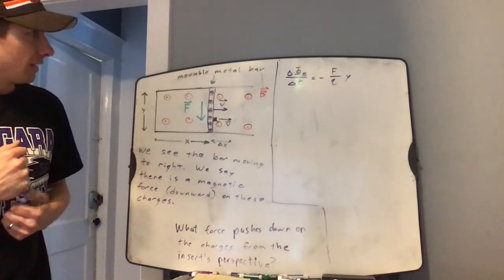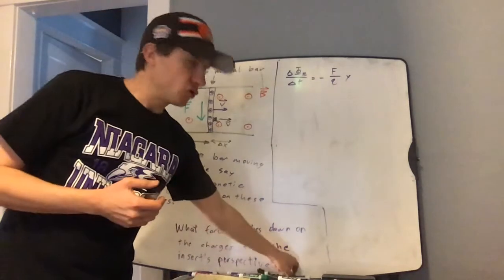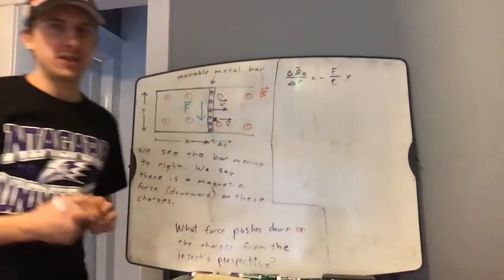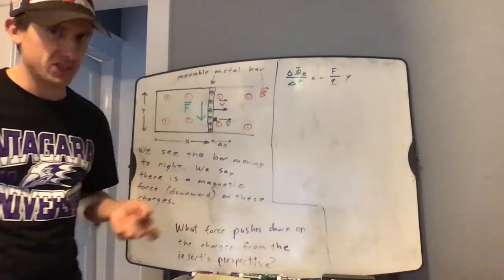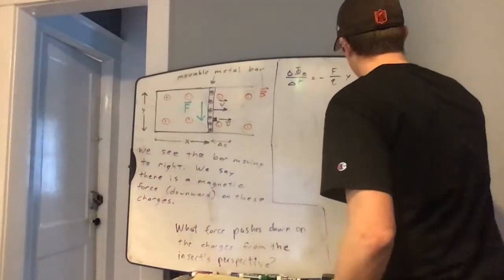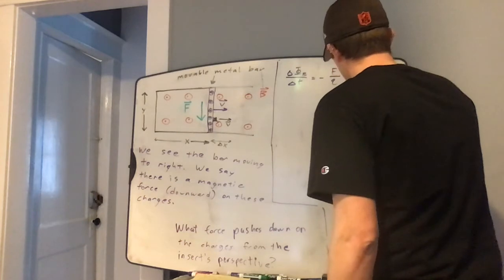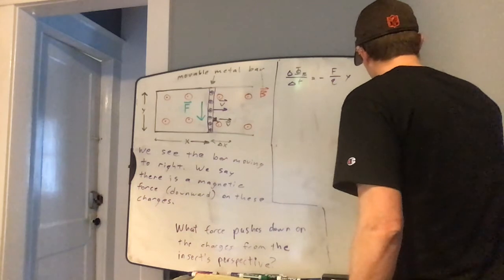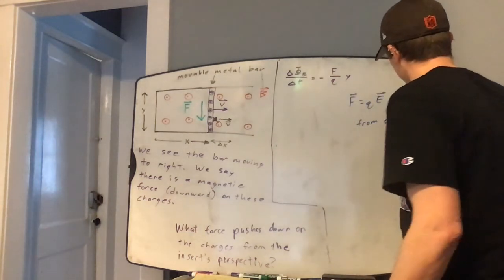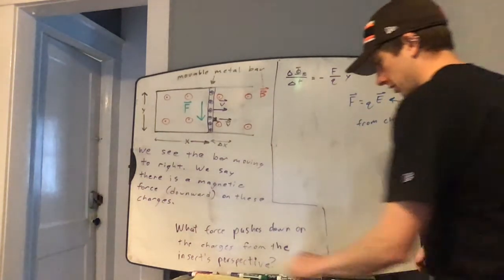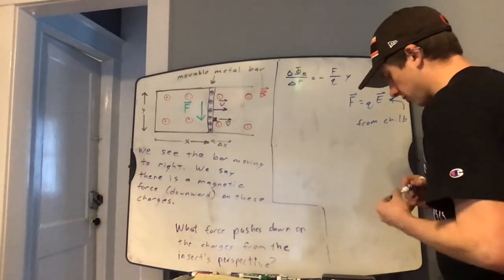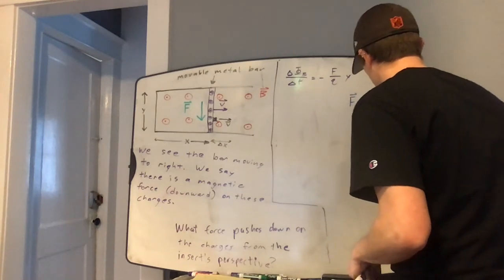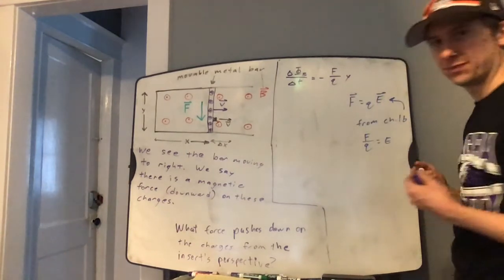What do we have here? Well, if you think back to material from exam 1, F over Q looks a lot like the electric field, because we said before that F equals QE from chapter 16. So from there I could write that F over Q is really equal to just the electric field.